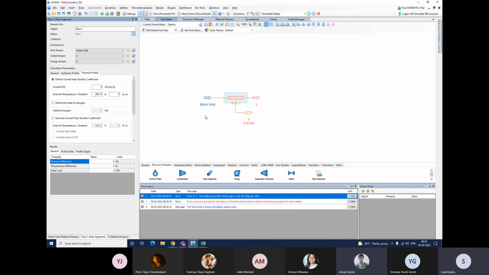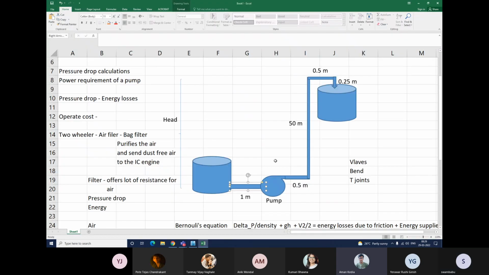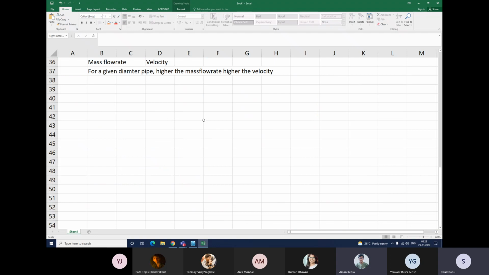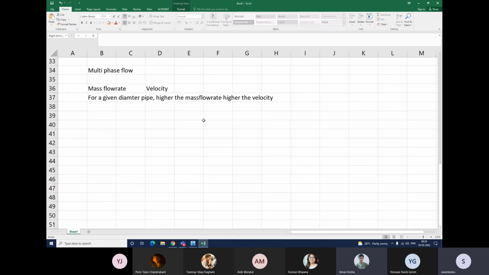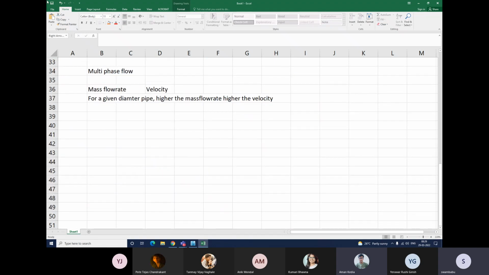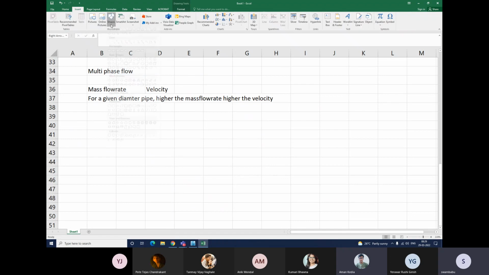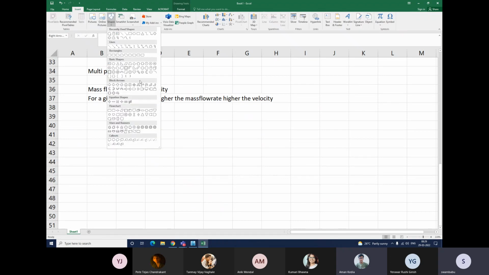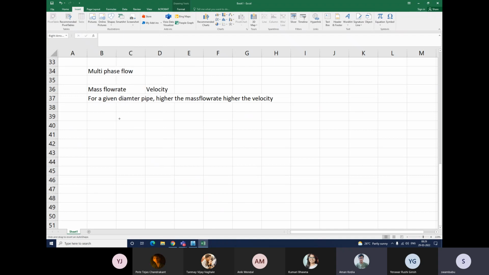While explaining the P and ID diagram, I explained that suppose we have a pipe that needs to be maintained at a certain temperature. That's called a trace heated pipe.